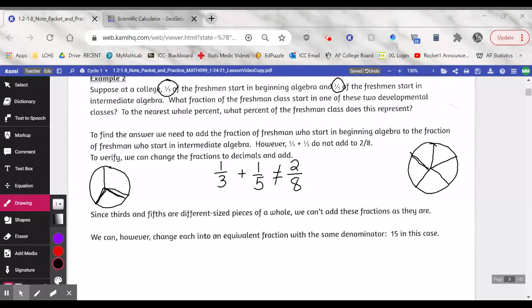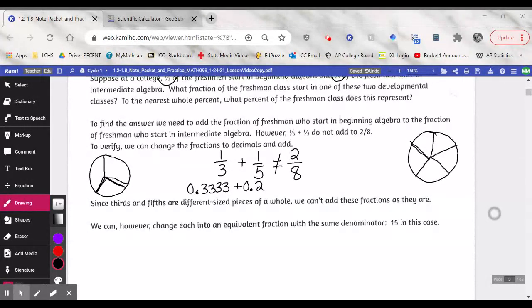Also, you can change these to decimals. If you took 1 divided by 3 in your calculator, you would get 0.3 repeating. I'll just use 4 decimal places for now. If you take 1 divided by 5, you get 0.2, and if you want to write the 0 in front, you can. It's optional though.